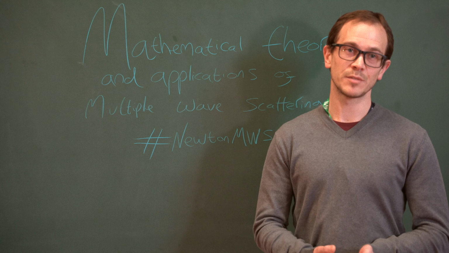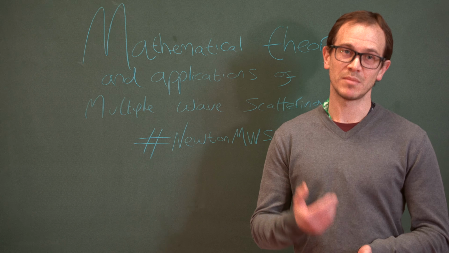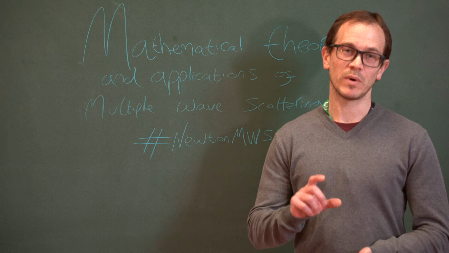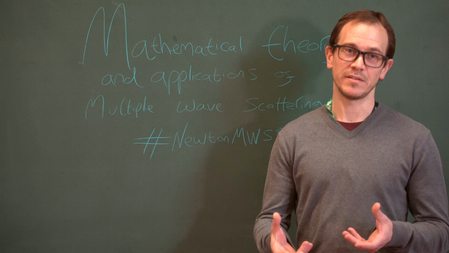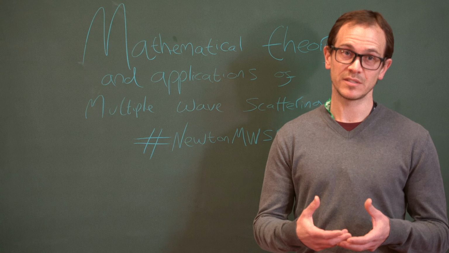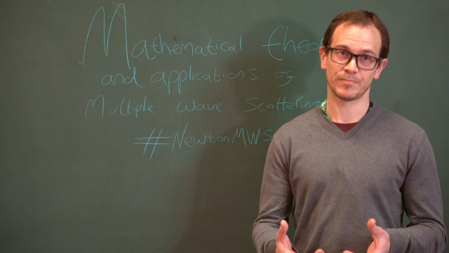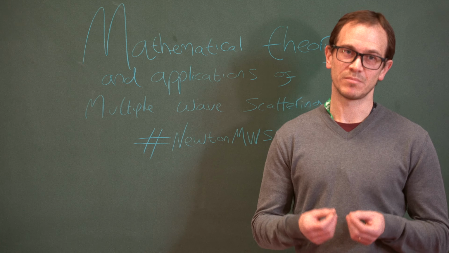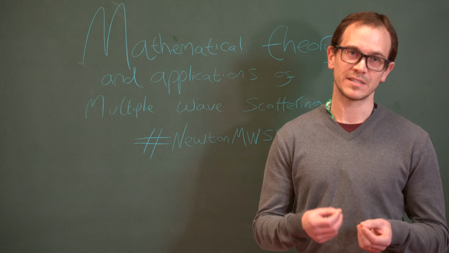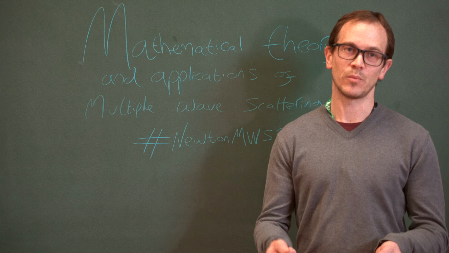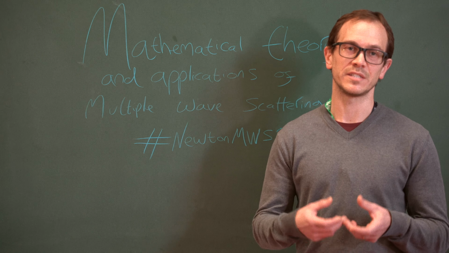If there are multiple scatterers, then we get multiple scattering, where waves bounce back and forth between the bodies. The waves can add up between the bodies, or they can cancel out. That means that multiple wave scattering gives us a way to manipulate and control the way that wave energy is distributed.